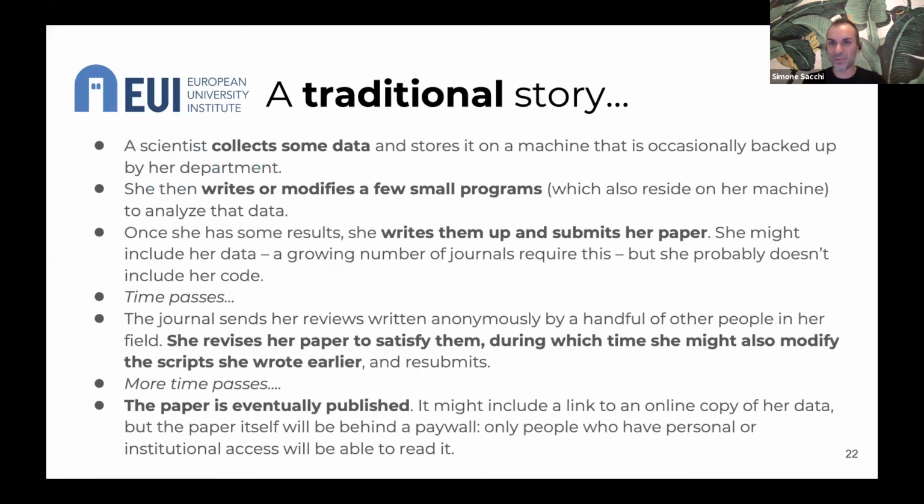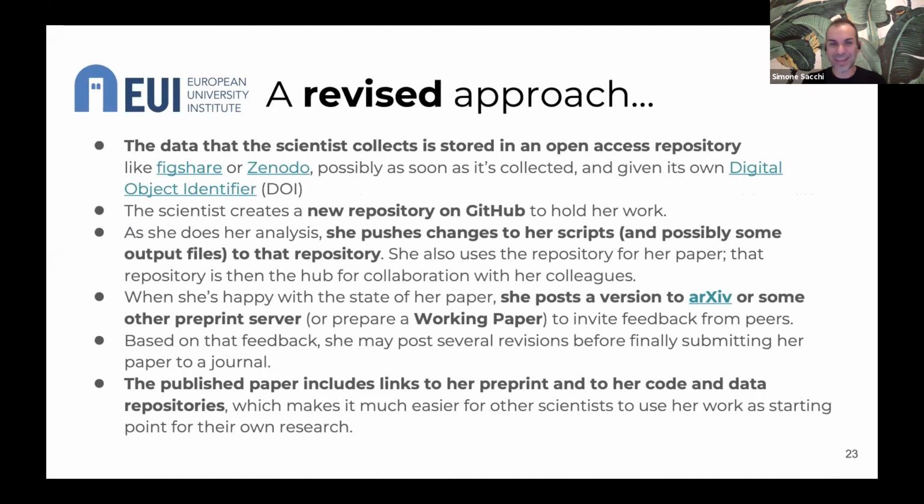And if you compare the two of them, the traditional story and the revised one, you might understand even better what are the benefits for you, for the research community, and for society in general, when it comes to applying those practices in open science. And I think, yeah, I'll stop here so that I give the microphone to Lotta.